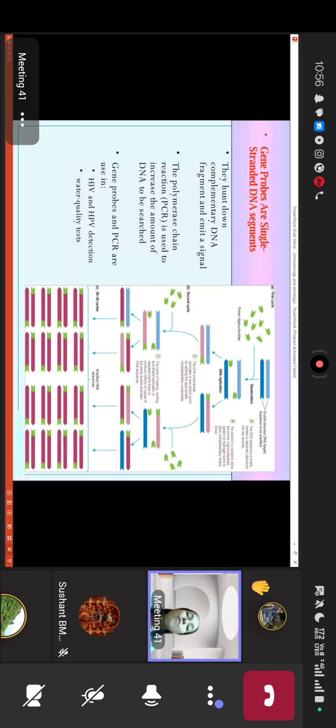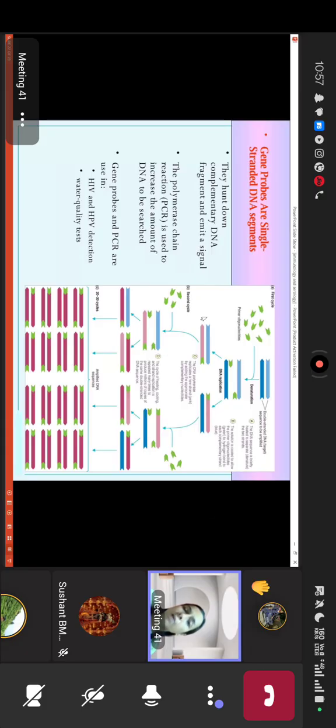Here you can amplify the sequence of the DNA and produce a large amount of that segment, right? So PCR is basically a technique used to amplify DNA strands. The technique hunts complementary DNA fragments and emits a signal. Gene probes and PCR are used in HIV, HMP detection, and water quality tests.